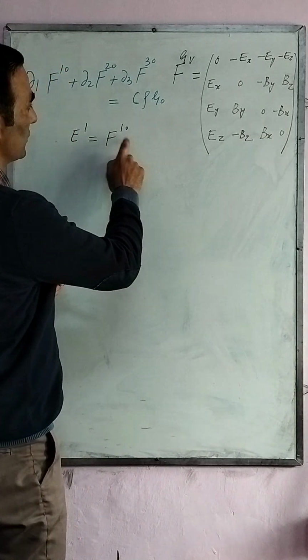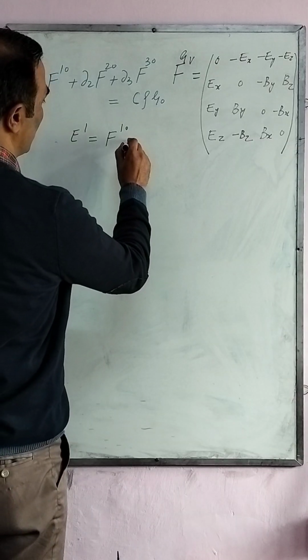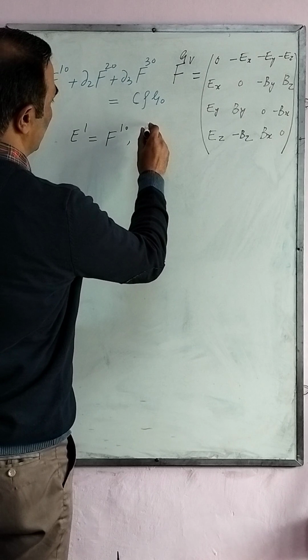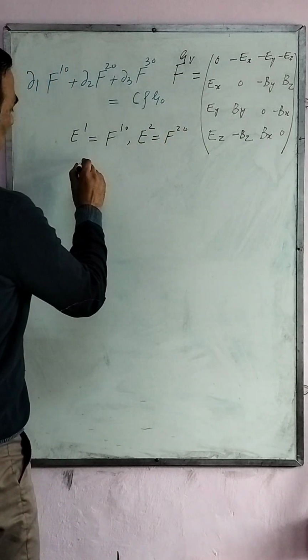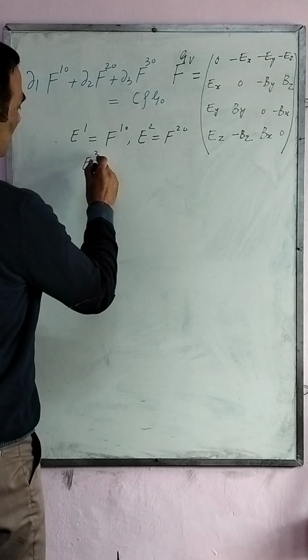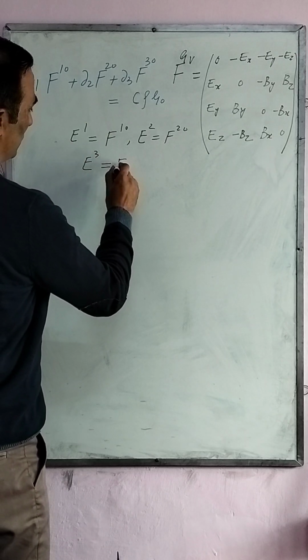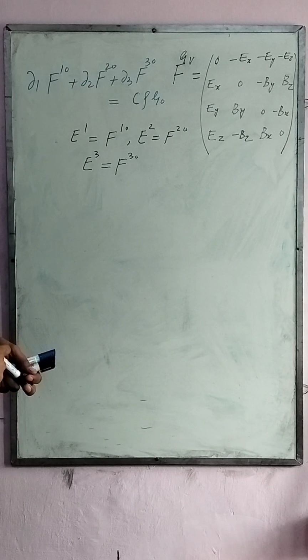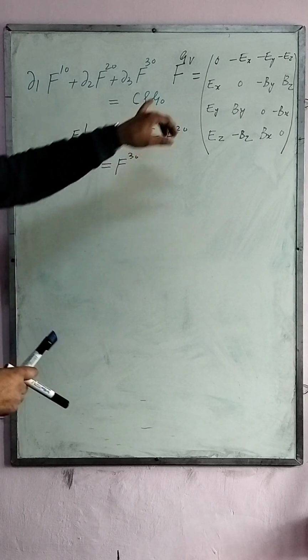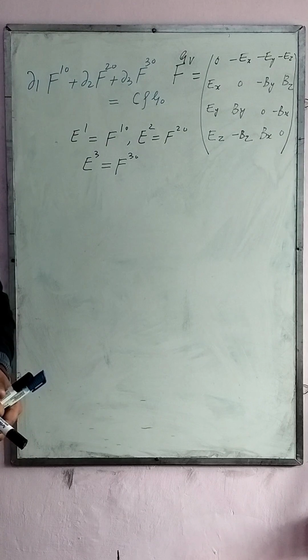So this corresponds to E1, and similarly we have E2 that's equal to F20 and E3 equal to F30. So these correspond to different components of this electromagnetic field tensor.